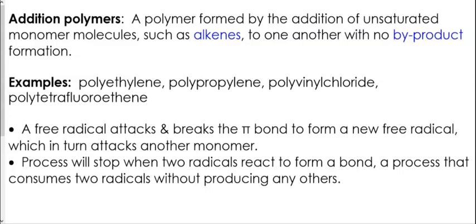Examples are things maybe you've heard of: polyethylene, polypropylene, polyvinyl chloride, also known as PVC, or polytetrafluoroethene, also known as Teflon. So what happens in these is the pi bond, which is part of a double bond, breaks.